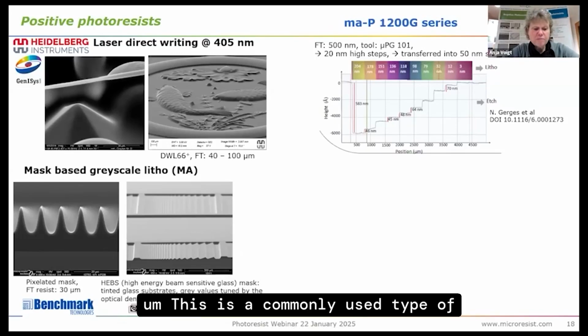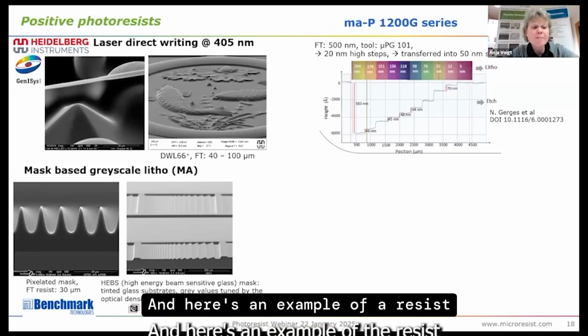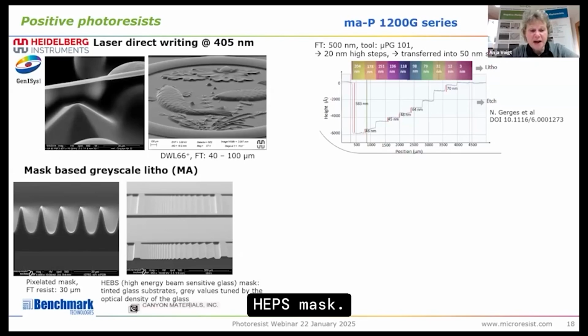This is a commonly used type of grayscale mask for the photoresist, and here's an example of a resist thickness of 30 micrometer shown.